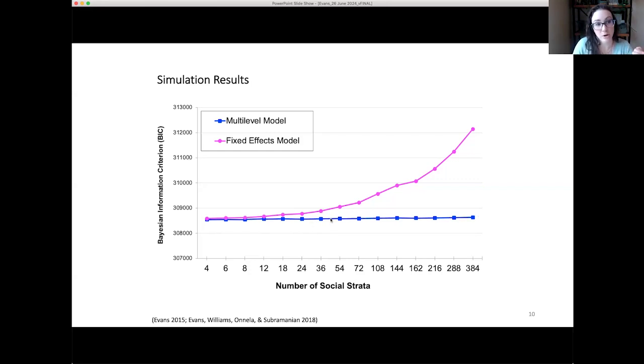That's saying this remains parsimonious, but you're getting a lot of good model fit. The fixed effects model explodes, more or less as we would expect. So in other words, the multi-level approach gives us a lot more scalability to include all of those things that theory and our own empirical interests might ask us to include in our analysis. We get a lot of good model fit for relatively few things getting added to the model.